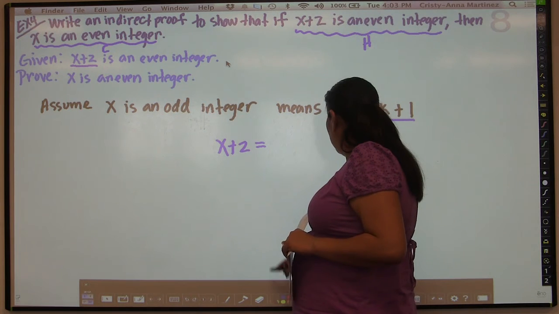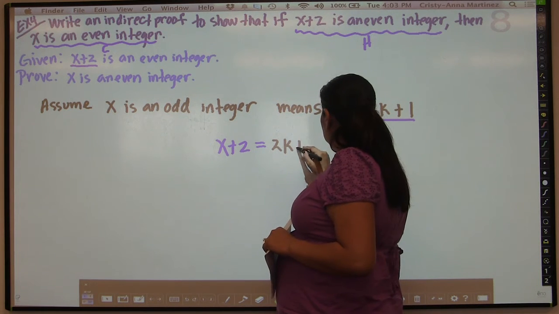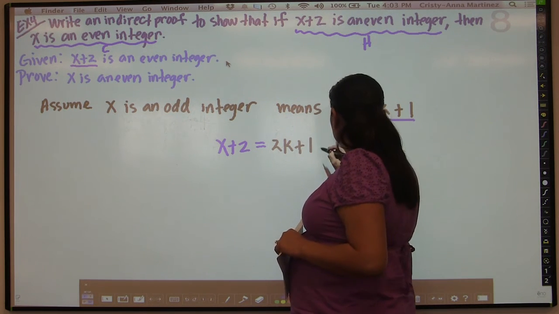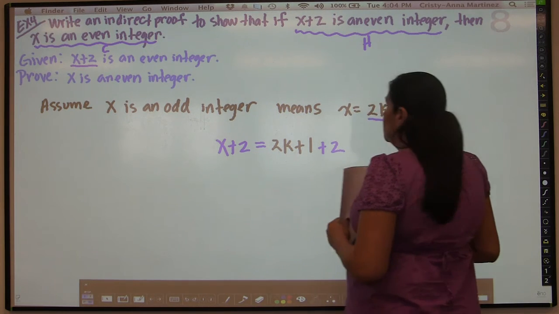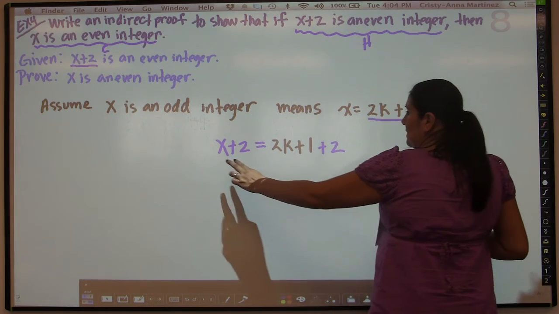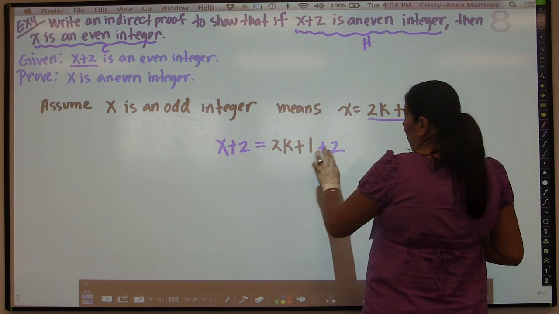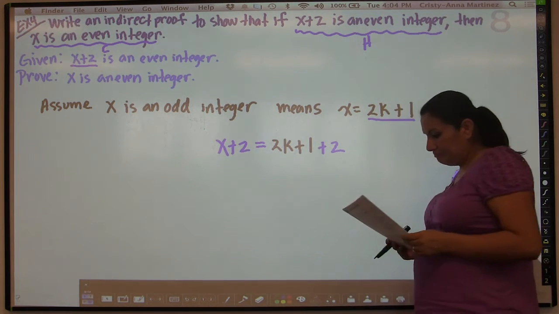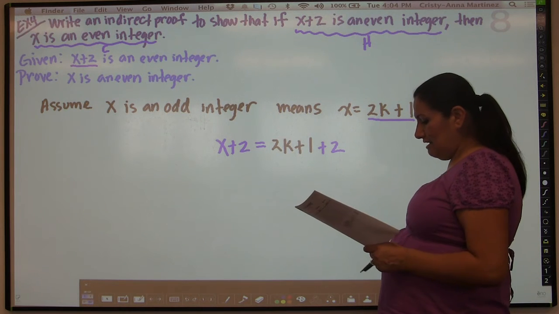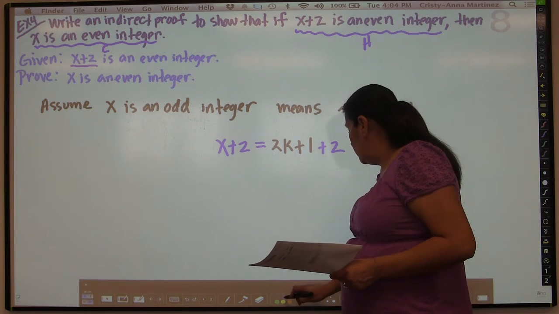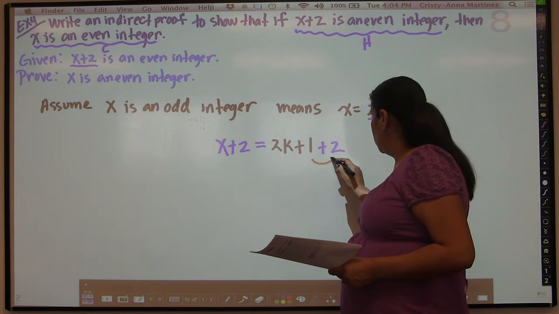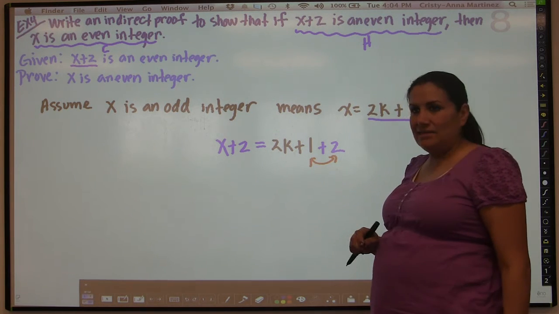Let's do that in black. Okay, so what I'm doing now is replacing the x here with 2k plus 1, and then I'm adding the 2 because of the plus 2. Which means that I can actually invert these two. The order in which I add doesn't matter.